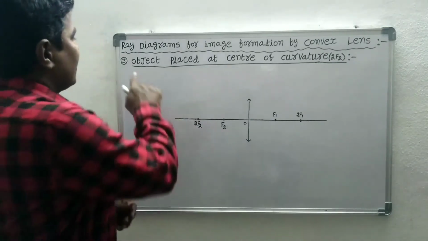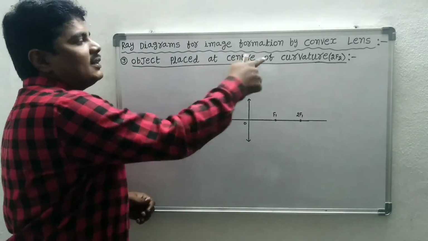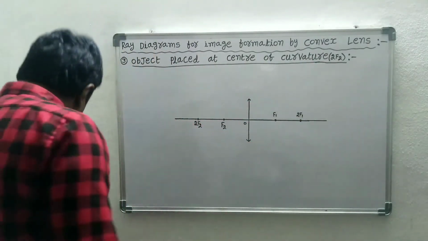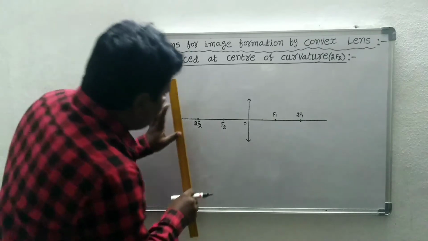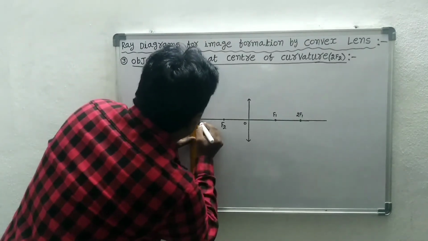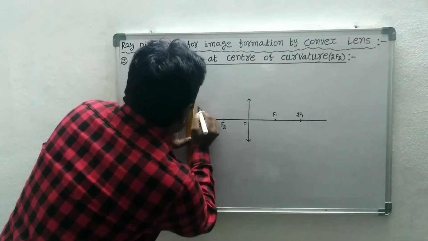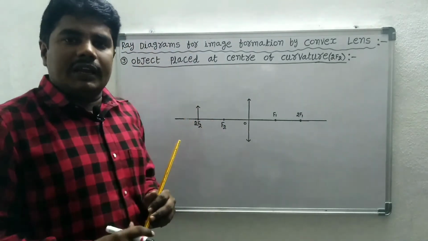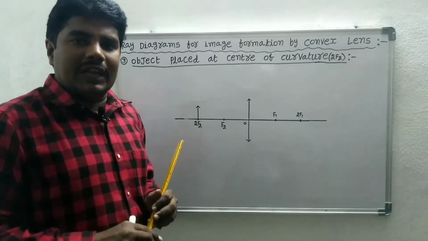Number 3, object placed at center of curvature, that is 2f2. Here we keep the object at 2f2 like this. This is the object. To draw the ray diagram, we take two light rays.